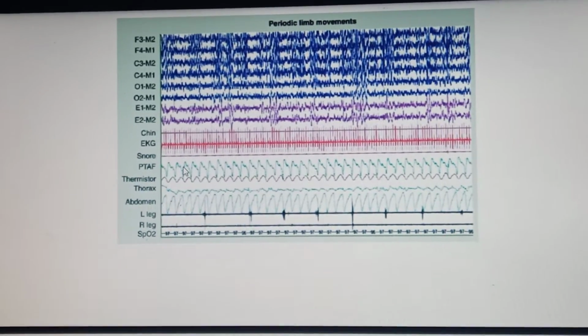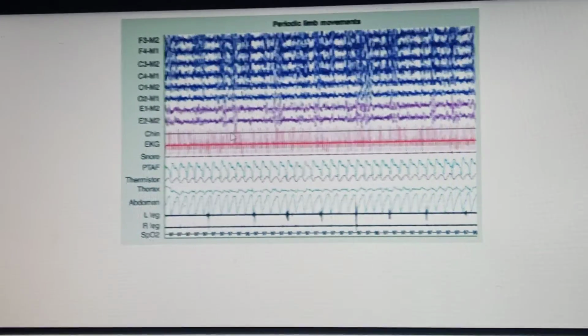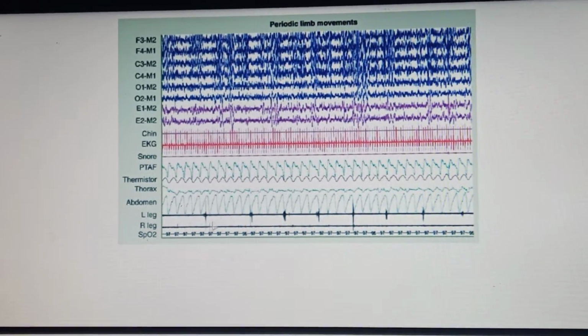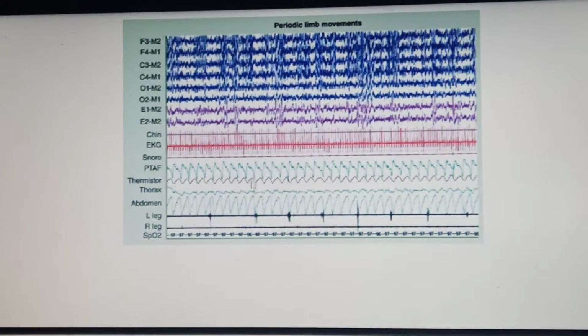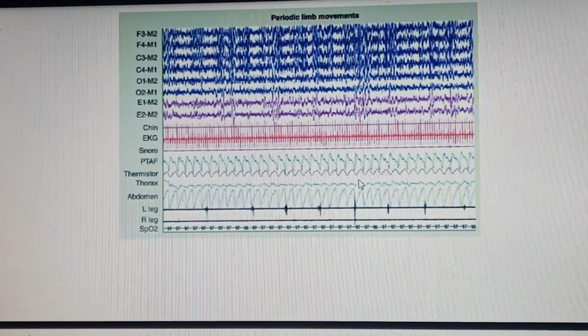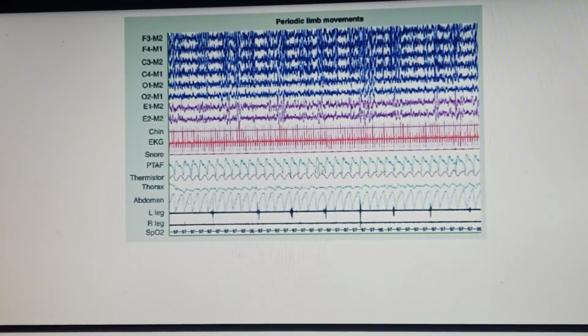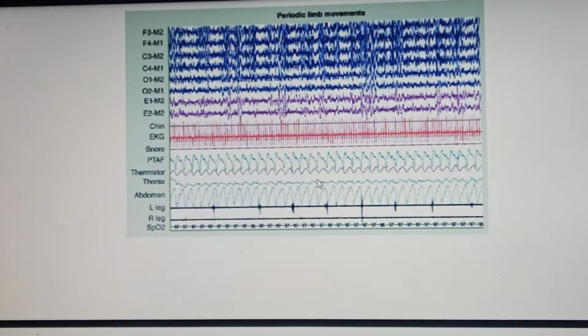Or if there is an apnea followed by a leg movement within 0.5 second, that leg movement will not be scored as a periodic leg movement. That leg movement is associated with that respiratory event.